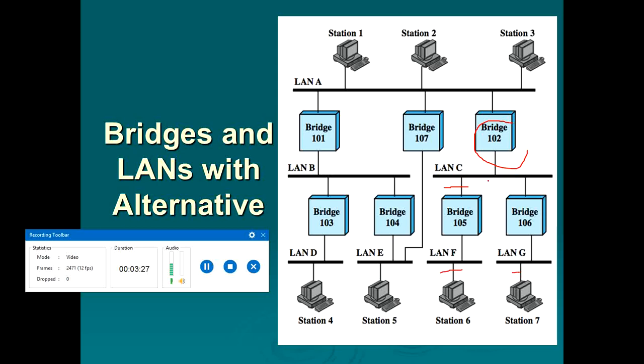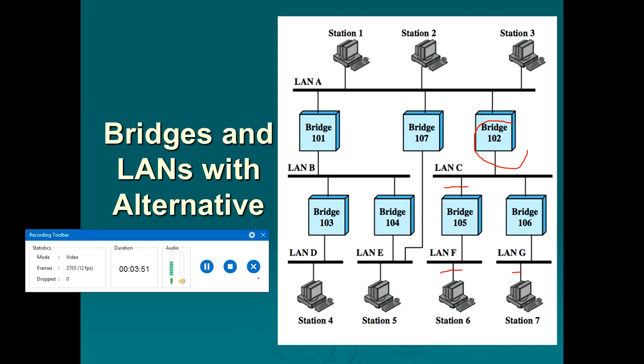So the LAN C port is here and they are on the same side of the bridge. And the stations A, B, D and E are on the same side of the bridge as the LAN A port. So when a frame is received on any port, the bridge must decide whether the frame is to be forwarded through that bridge and out through one of the bridge's other ports.